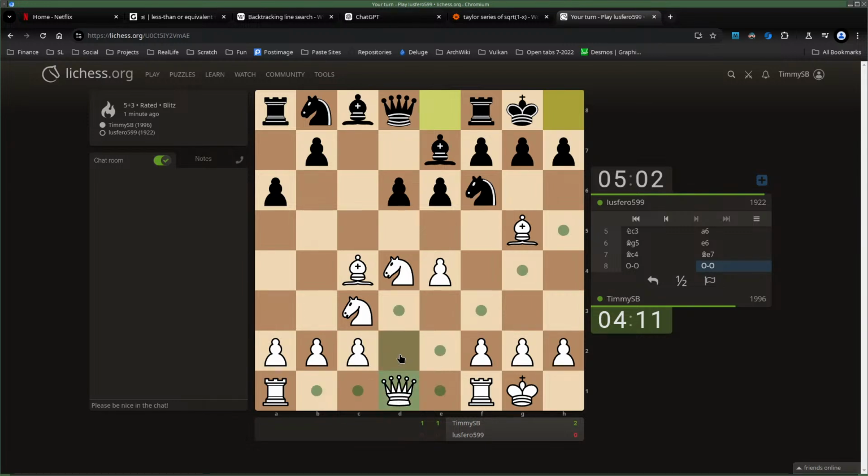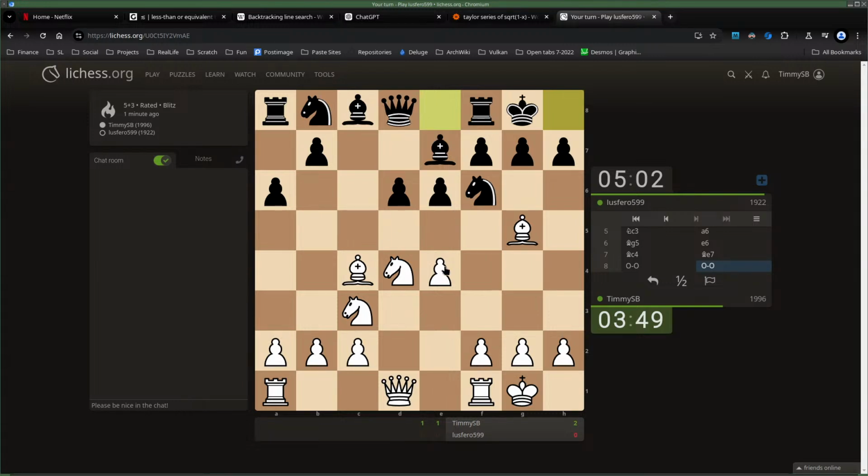Let's go here to solve that problem. It's not really solved, but I could take back with my knight. So he takes a pawn, I take a knight, and then he has a fork. Okay, but that fork is not attacking my queen, so then I can take here. Takes back.